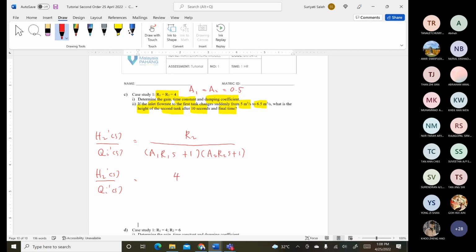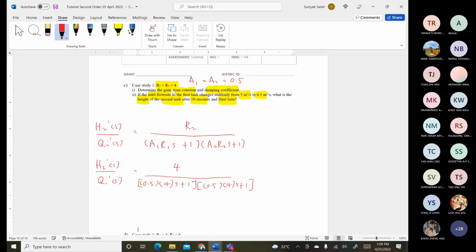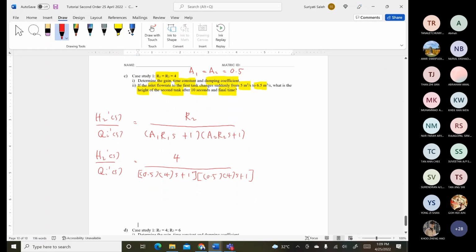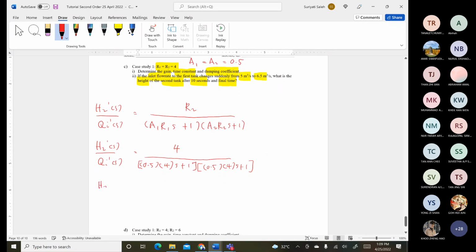So we have 4 divided by A1 0.5 multiplied with R1 which is 4, S plus 1, multiplied with A2 0.5 multiplied with 4, S plus 1. So we have the similar value of valve resistance, where R1 equal to R2 equal to 4.